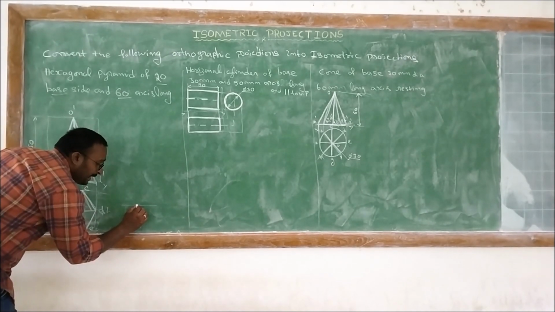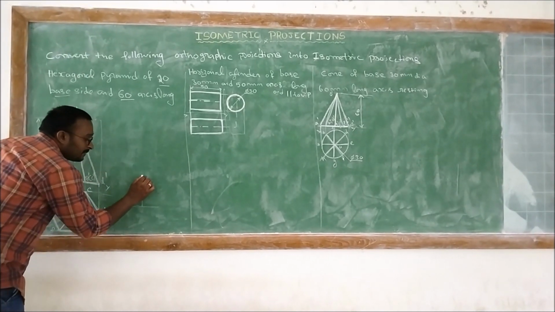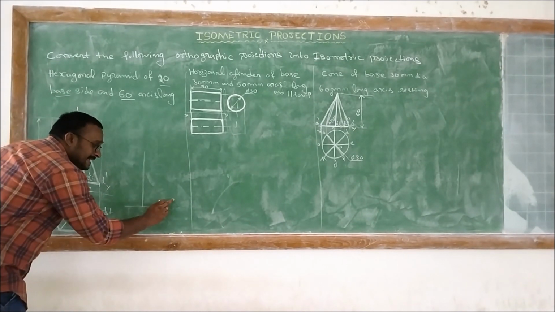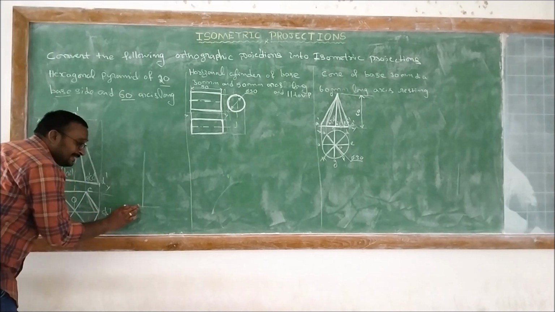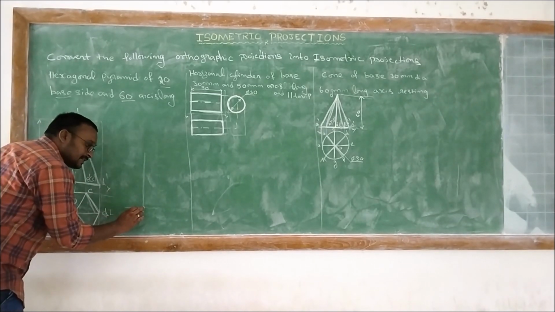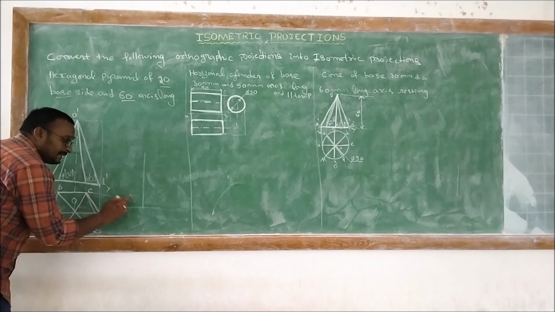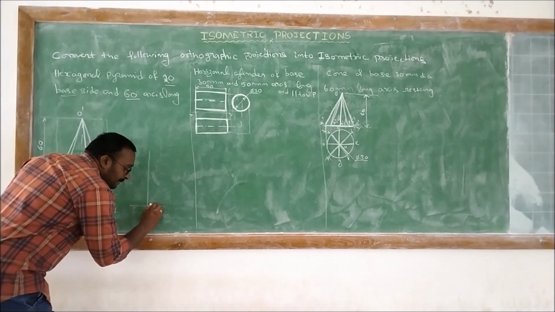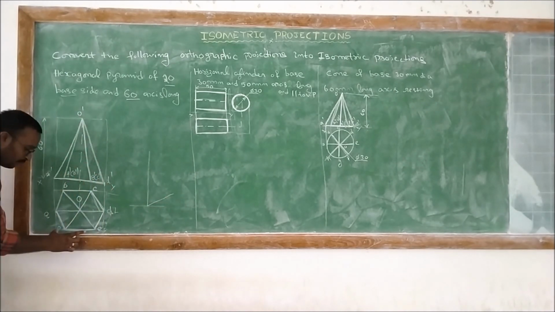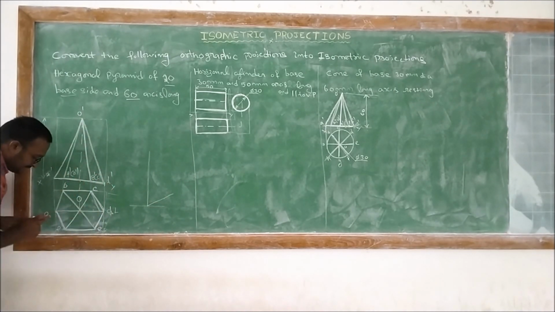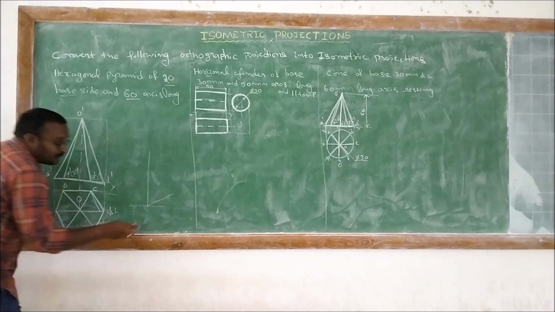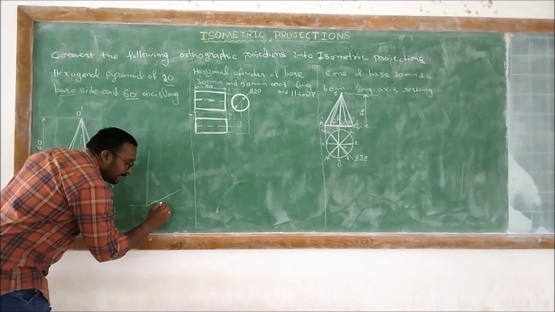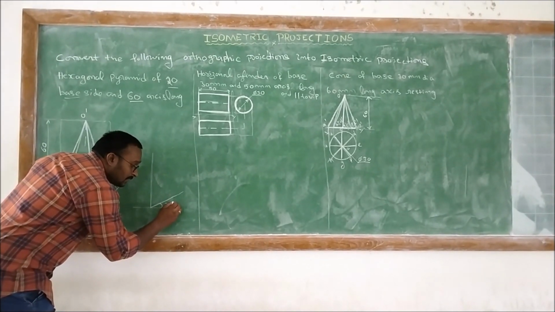So here I am going to place that 60 mm vertical line, and in this direction we are going to give the length, and in this direction the width, of the square prism. Here the width is equal to the diagonal length AD, so that AD length must be at an angle of 30 degrees to the ground.